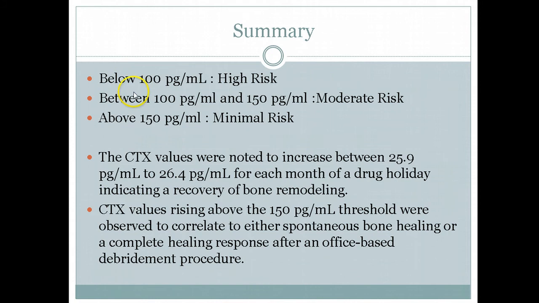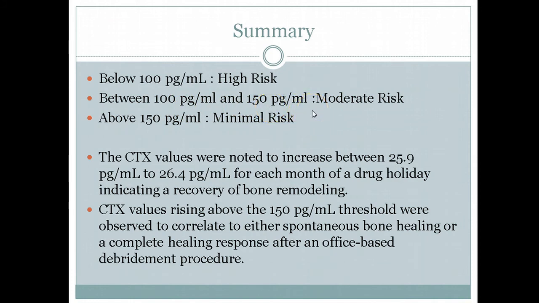And if the test is below 100 pg per ml, you have high risk, which makes sense because, like I said, remember we talked about the turnover part. So if the turnover is very low, that means you're at high risk because the cells are inactive in that area or in that process. If the number is between 100 to 150, that's considered a moderate risk.